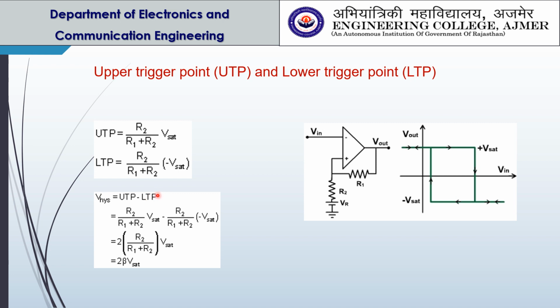If we put these two equations into this one, we get V hysteresis equal to 2 into R2 upon R1 plus R2 into V sat. R2 upon R1 plus R2 is given by beta, the feedback factor. Then we can write V hysteresis as 2 beta V saturation. Sometimes in exams they will directly ask to calculate the upper trigger point and lower trigger point of the Schmitt trigger as shown in the figure.